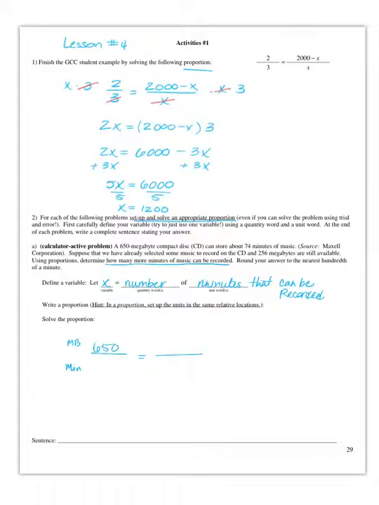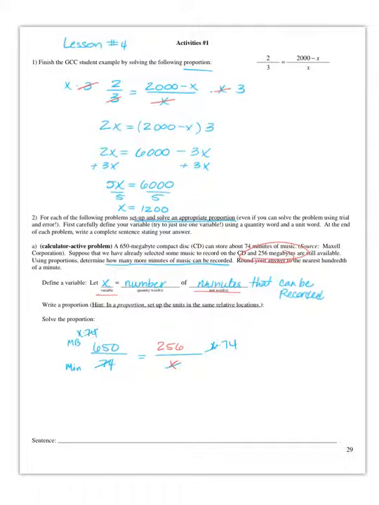We have 650 megabytes, then we're able to record 74 minutes of music. Our variable is the number of minutes, so that's going to go in the denominator. And we're wanting to know how many minutes we can record when there's 256 megabytes available. Once our proportion is set up, we're going to do our proportion solving trick, multiply both sides by both denominators.